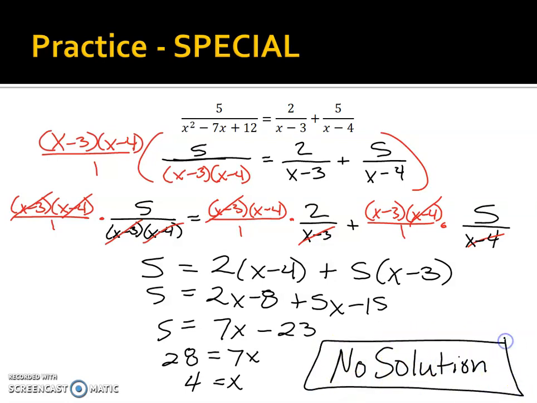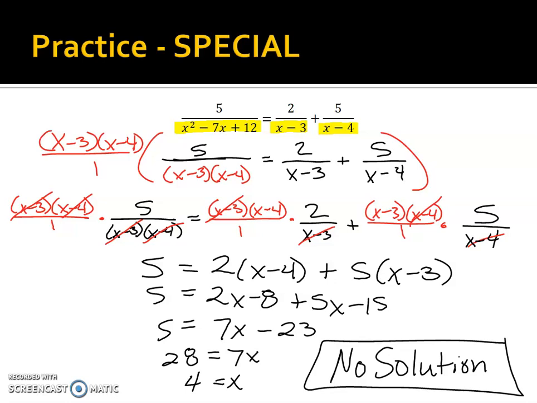So I want you guys to pause the video and think for a second. Why would the answer to this problem be no solution? I want us to remember our domain. The issue of the domain is we have to make sure that the bottom does not equal 0. So I'm paying attention to the bottom of the fractions.